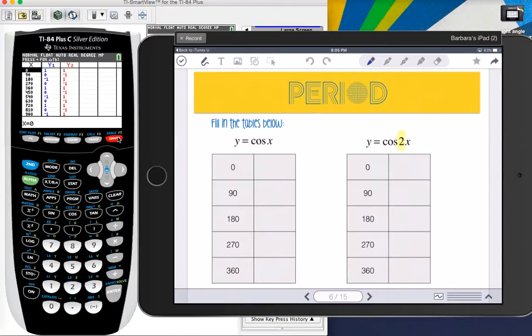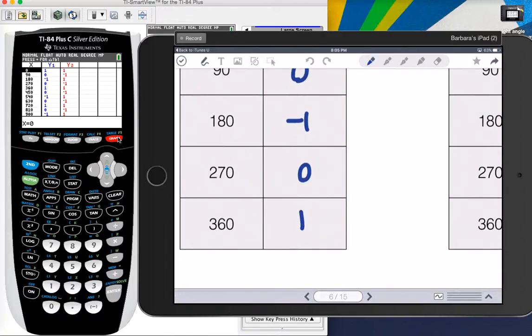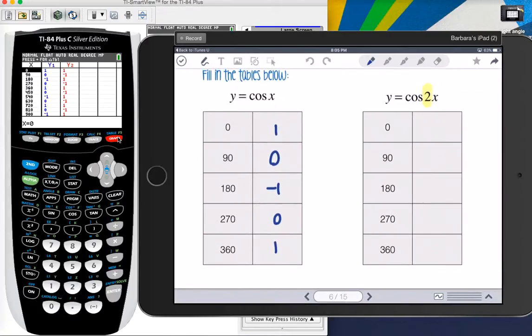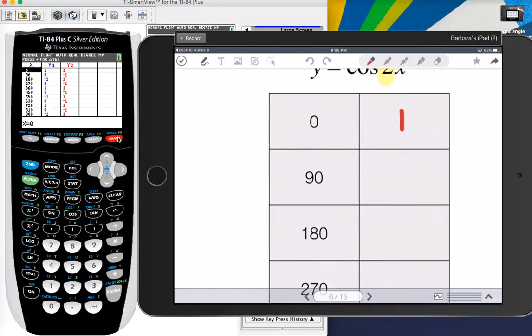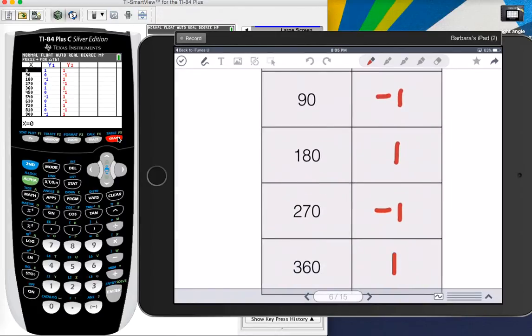And if I look at cosine, it goes 1, 0, -1, 0, 1. So that again is 1, 0, -1, 0, 1. The cosine of 2x is 1, -1, 1, -1, 1.